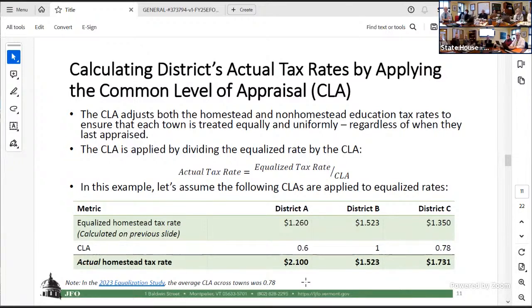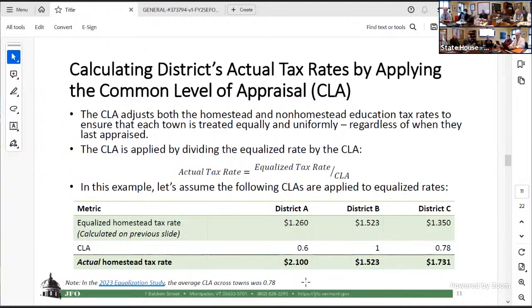So the CLA is really needed to ensure that we're adjusting districts accordingly. Mathematically, if you were to just wipe out the CLA, yes, the yield would change. So if you were to just get rid of the CLA and not change anything, then the education fund would be short because the average CLA is below 100%.